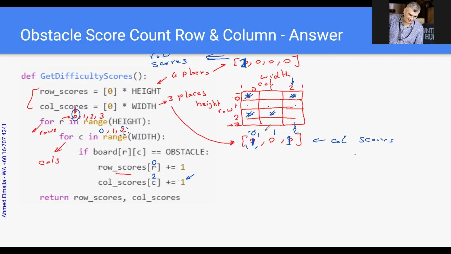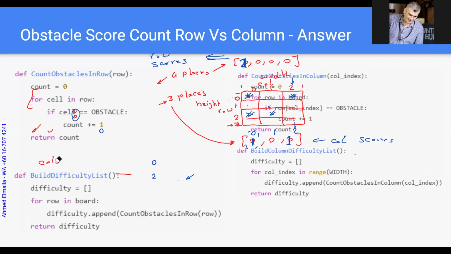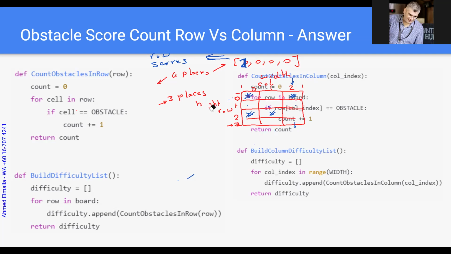So now what if we check this? This is just a simple code where you actually divide instead of just finishing or building the list in one step.